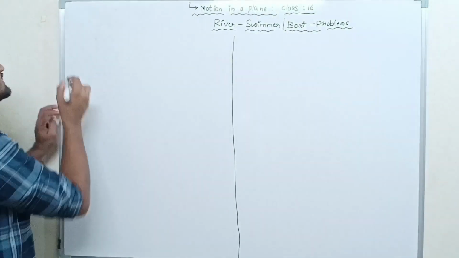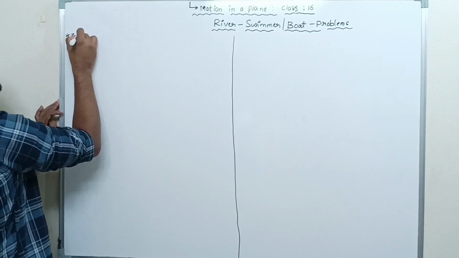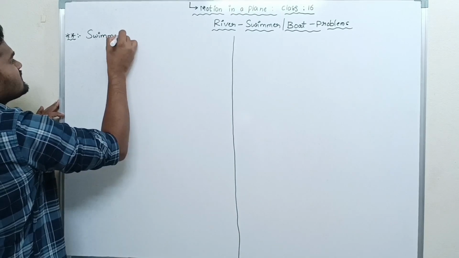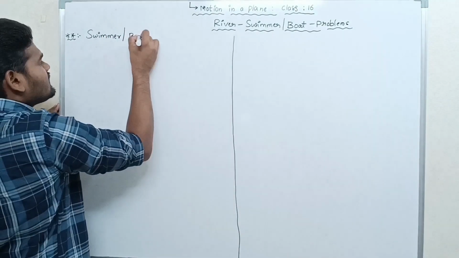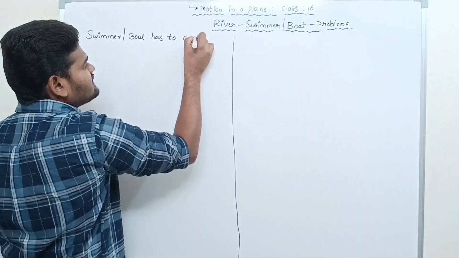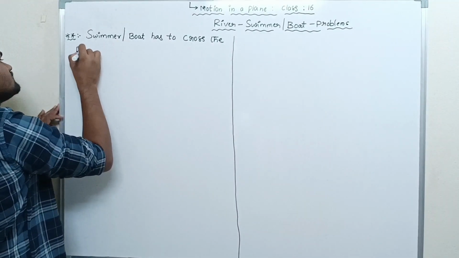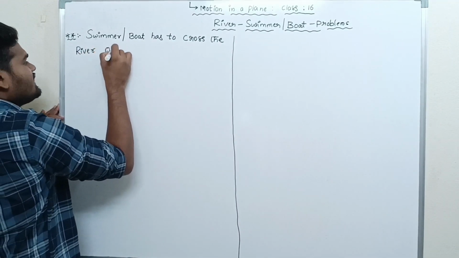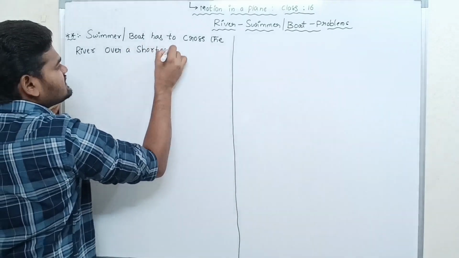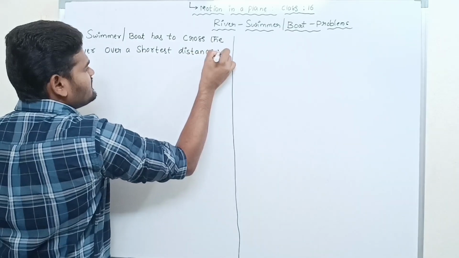The first concept of today's lecture is that a swimmer or boat has to cross the river over a shortest distance. So this is our first concept.